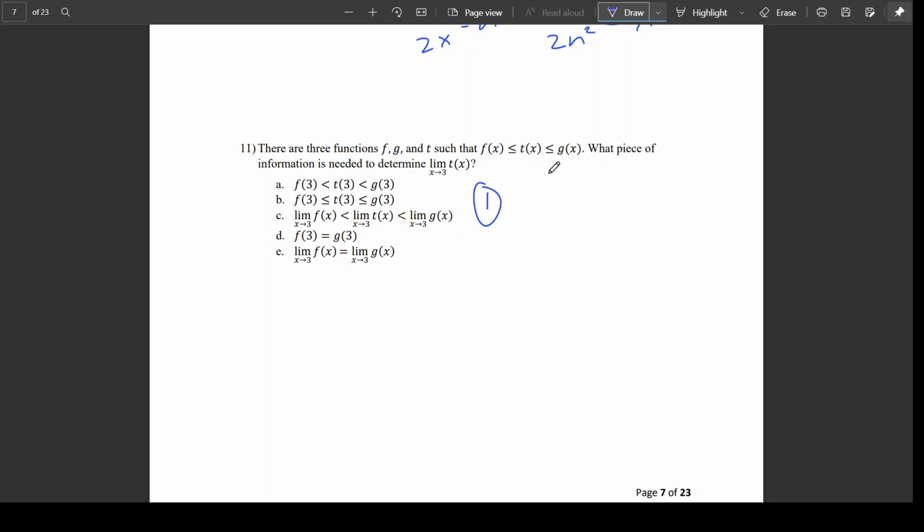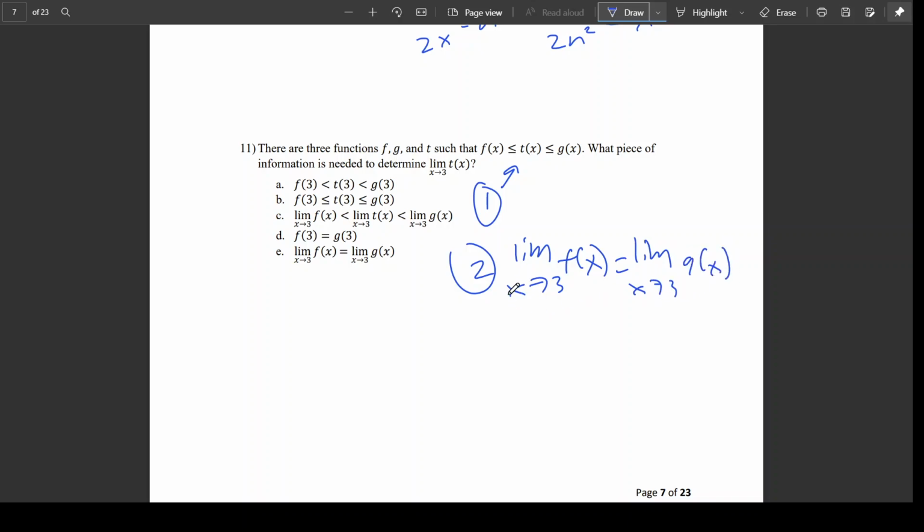So we're going to say we need two pieces of information to determine the squeeze theorem. First is this piece of information they give us here, where f of x is less than or equal to t of x, which is less than or equal to g of x. And the second piece of information is that the limit as x approaches the value that we want, in this case 3, of f of x is equal to the limit of g of x at that point.